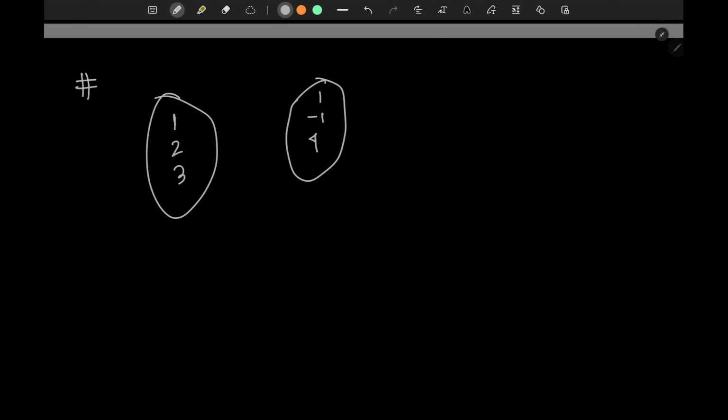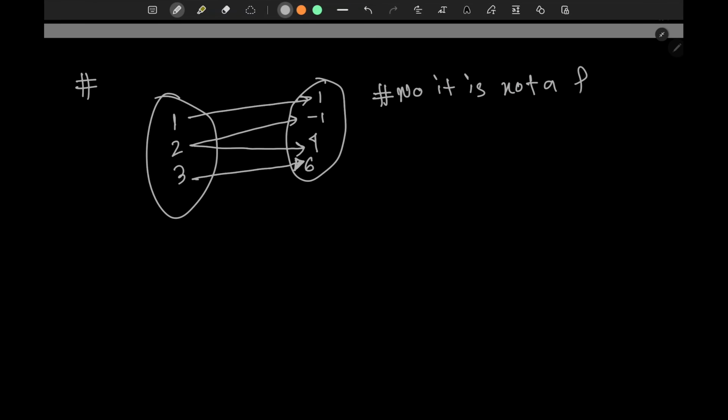So let's say for 1 you have 1, for 2 you have -1, and then if you again input 2, it can either be -1 or 4. And for 3, let's do another one like this. 3 goes to 6. Is this relation a function? The answer is no. It is not a function.